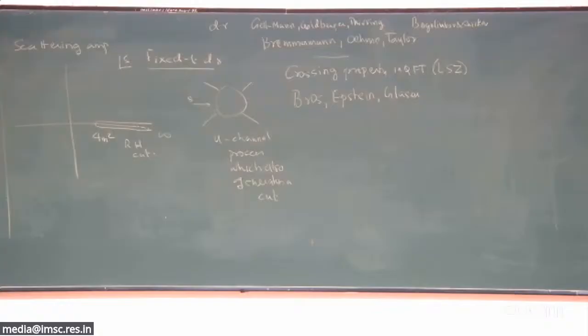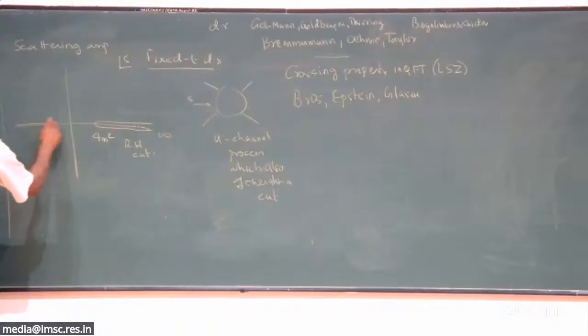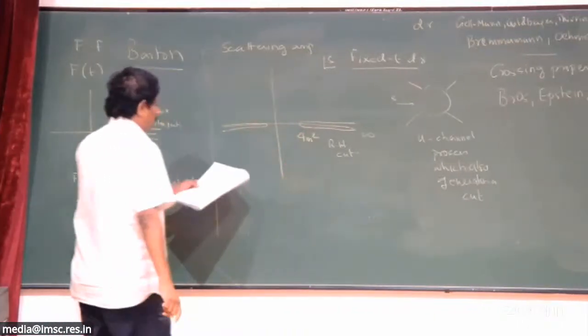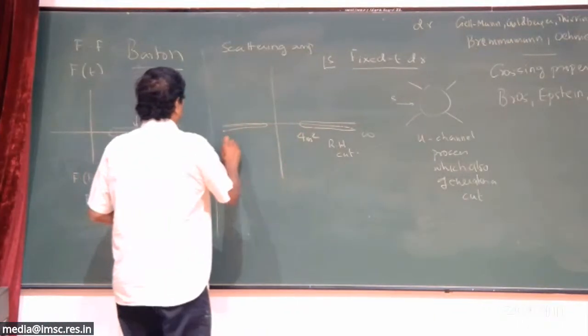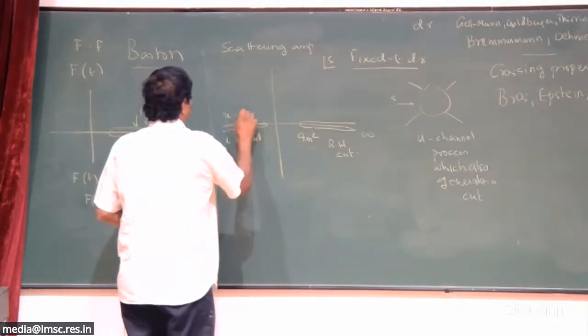And where do you think that should appear? If the S channel appears on the right, then on the left, right? So there has to be another cut. So this is the left-hand cut, and this comes from the U channel.